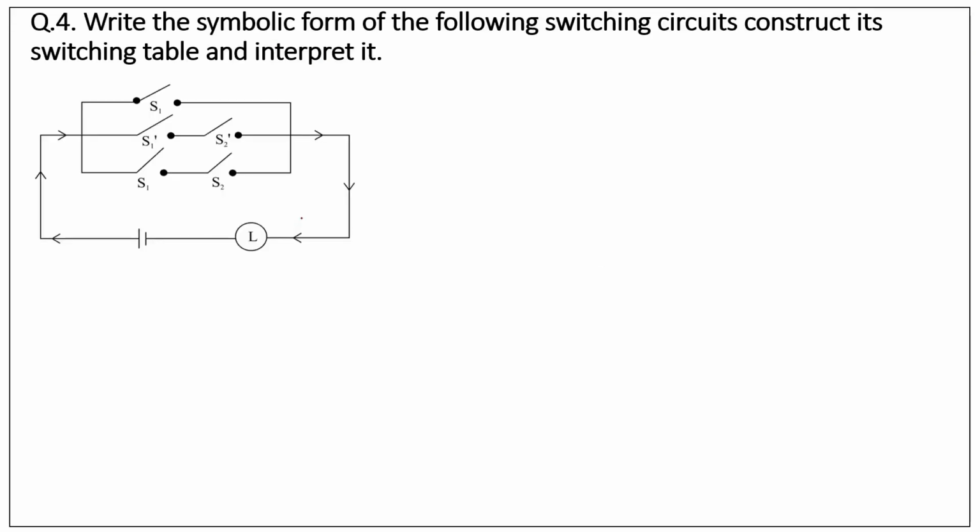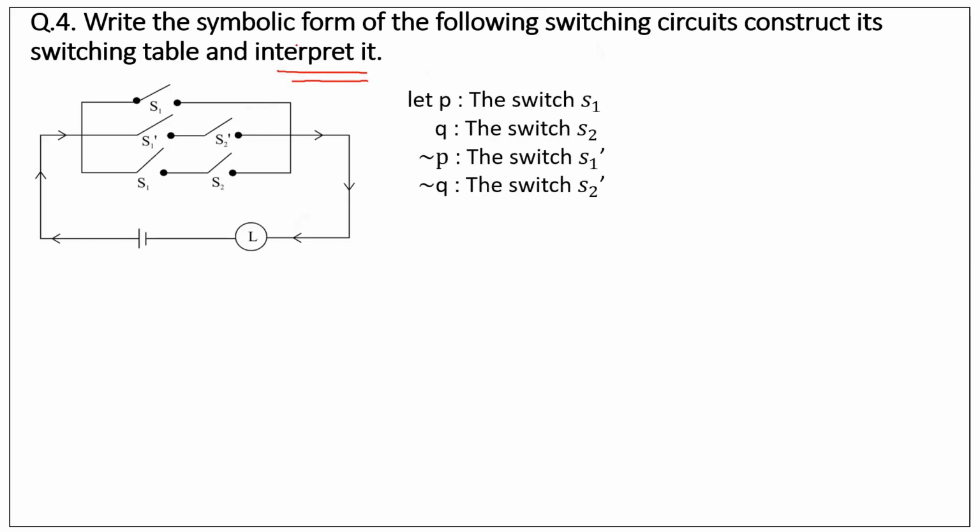Practice this. Next example, write the symbolic form of the switching circuit, construct the switching table and interpret it. Okay. As there are two switches, S1 and S2, we write P as S1, Q as S2, negation P as S1 dash, negation Q as S2 dash.